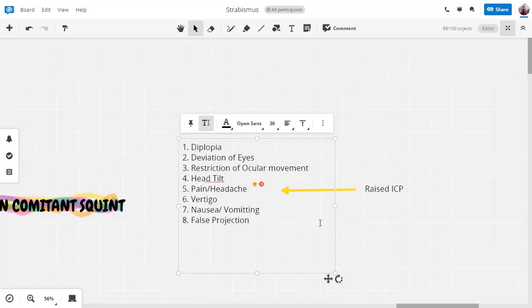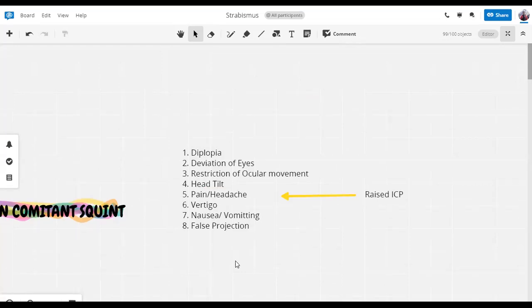Like we studied in the cerebellum, overshoot and undershoot, that is past pointing. The concept is similar, but it is different. Why? Because the person knows where the thing is, but due to inability to coordinate his muscles, he undershoots or overshoots. In false projection, the person does not know where the object is, because the stimulus in his sensory organ, the retina, is not on the right place.